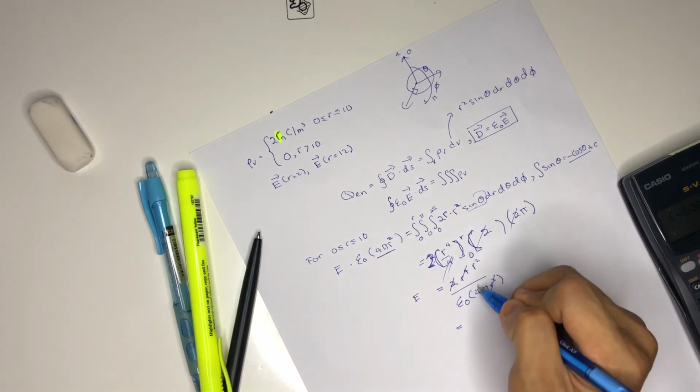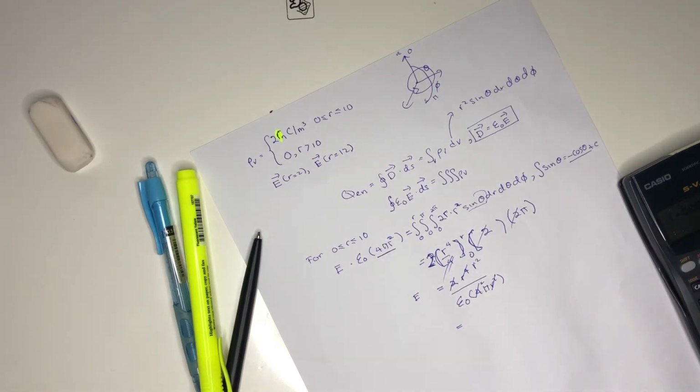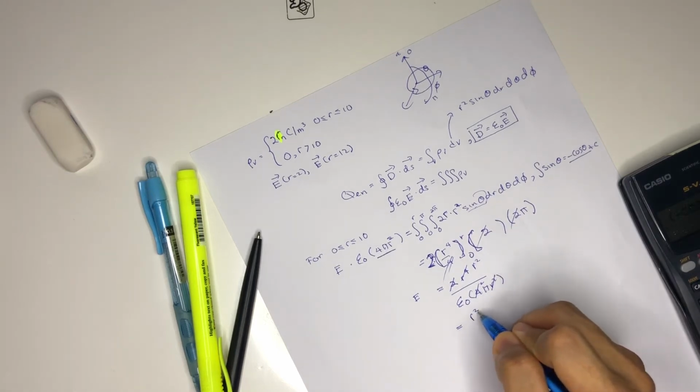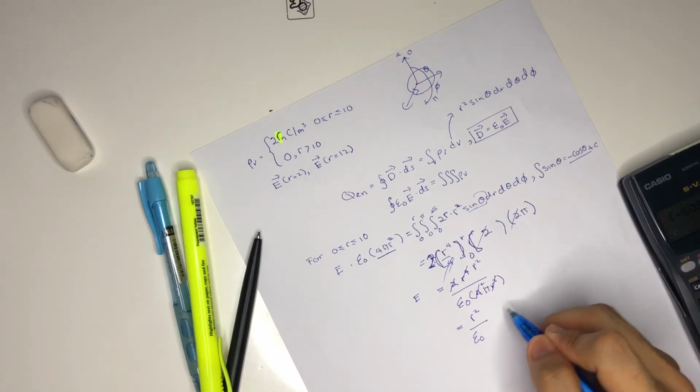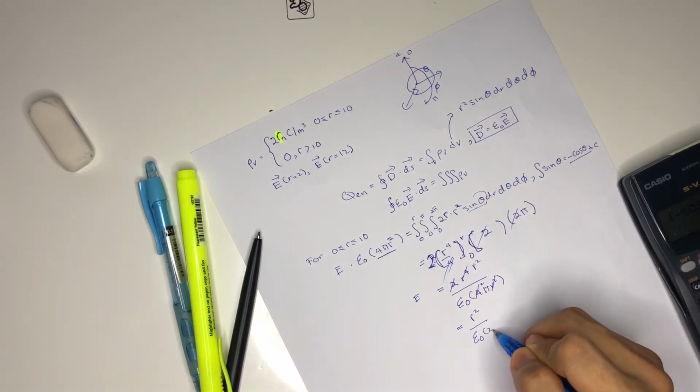This one cancels, you have 2. Then you have r squared over epsilon naught.